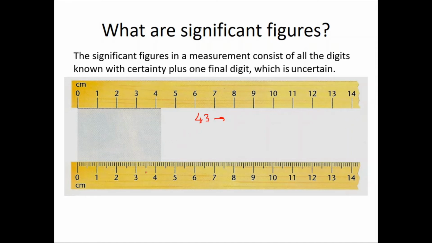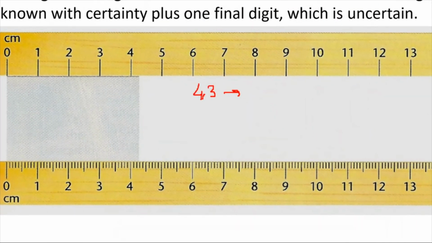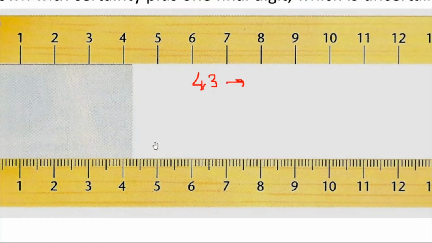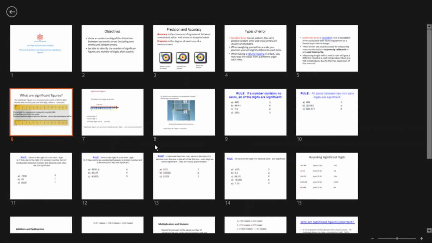We don't know. But if we measure with this second ruler, which also includes some scaling in millimeters, as you see, now the 4 is exact, and the length is between 4.2 and 4.3.